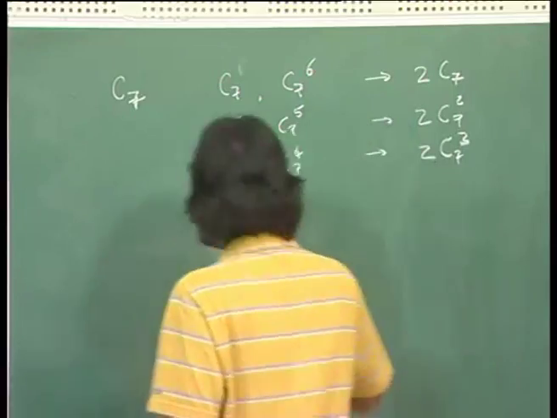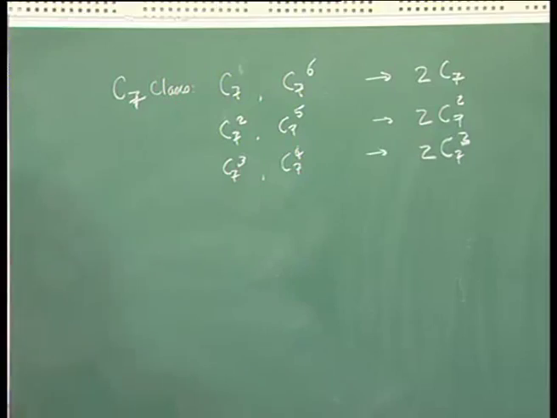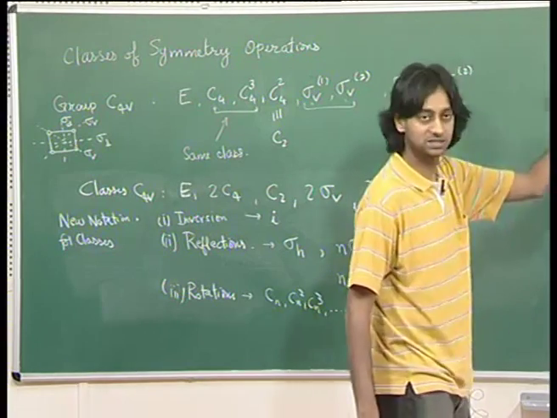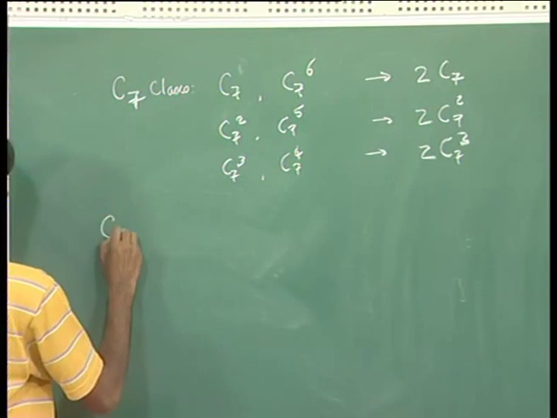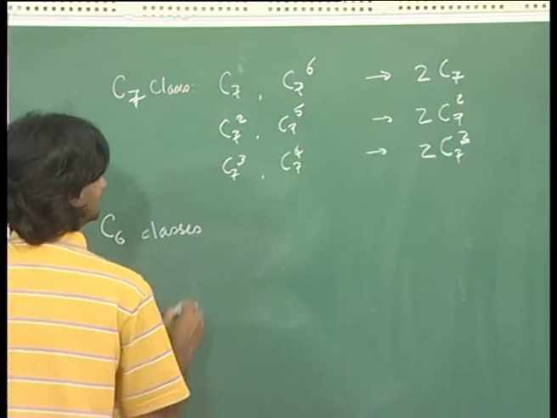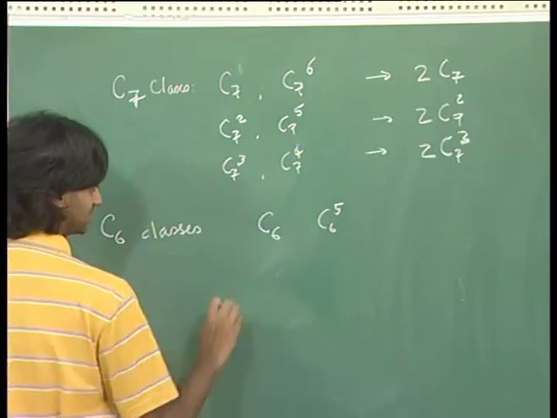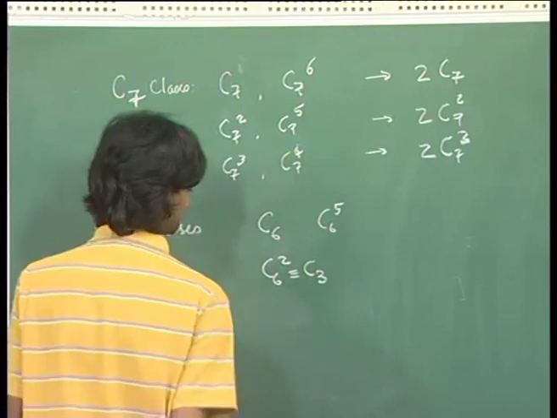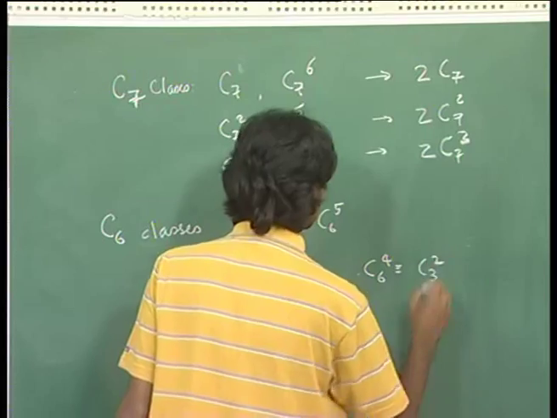So, when these two are in the same class, now these two will be in the same class only if there is a sigma operation that helps you transform coordinates, so that one looks like the other. Now, for example, if you had C6, you could have had C6, C65, these two could be in the same class, C62 which is equivalent to C3 and C64 which is equivalent to C32.